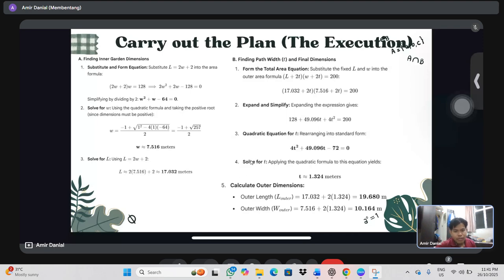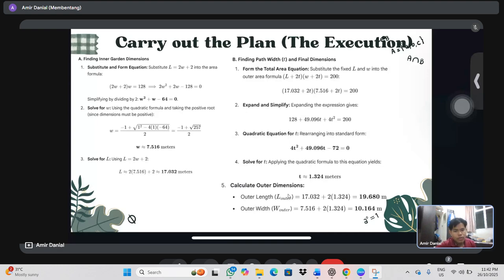And step 4, solve for T, applying the quadratic formula to this equation. And so T we got 1.324 meters.